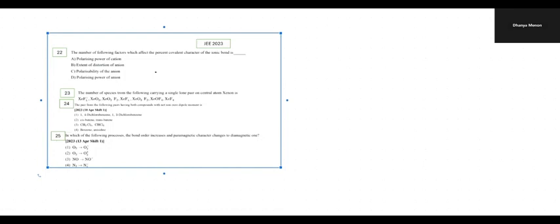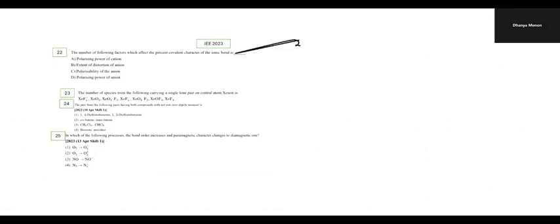Coming to the last set of questions, the 22nd. Okay, the number of following factors which affect the percentage of covalent character of ionic compound. So Fajan's rule: A is the polarizing power of cation, yes.